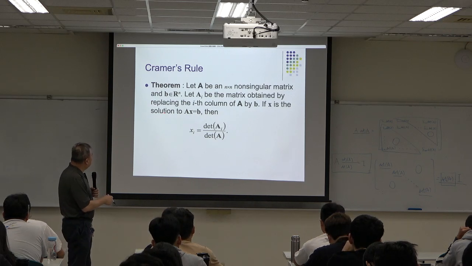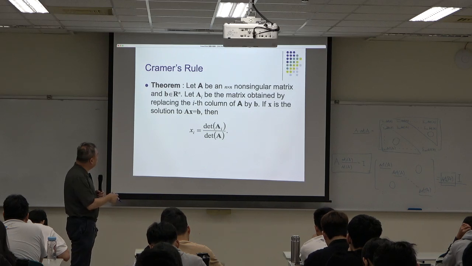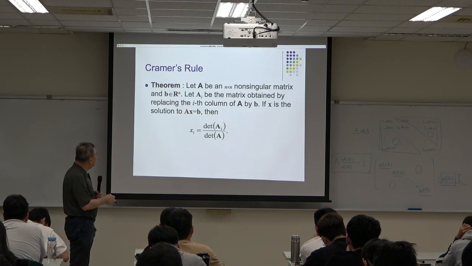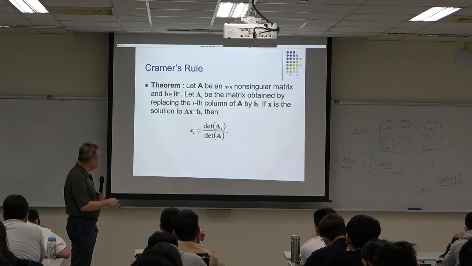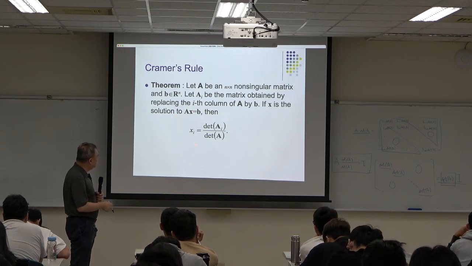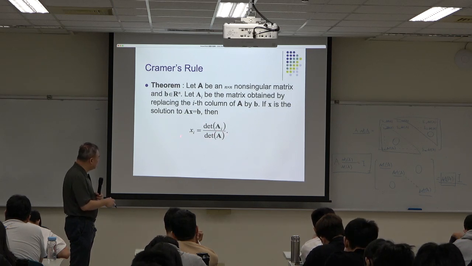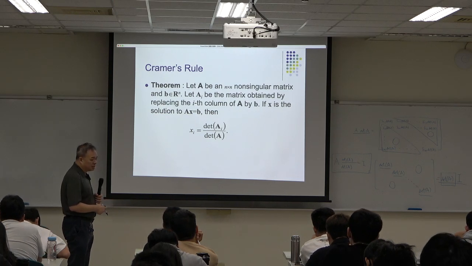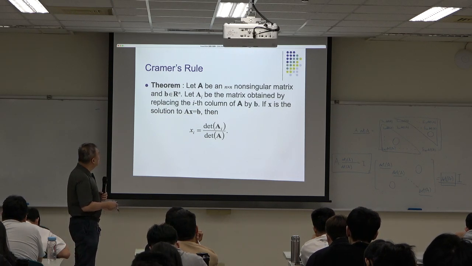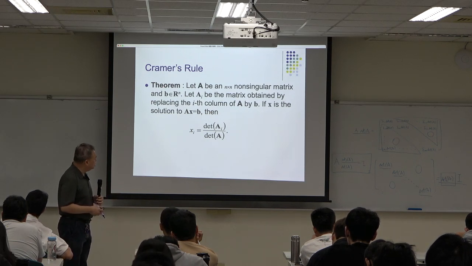And B is an n-dimensional vector. Let A_i be the matrix obtained by replacing the ith column of A by B. If X is the solution to AX equals B, then x_i equals the determinant of A_i divided by the determinant of A. This is what we call Cramer's rule.